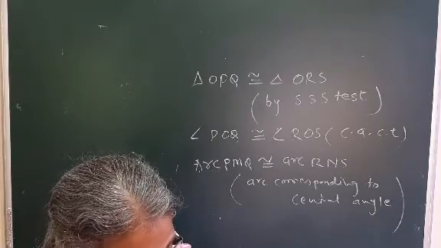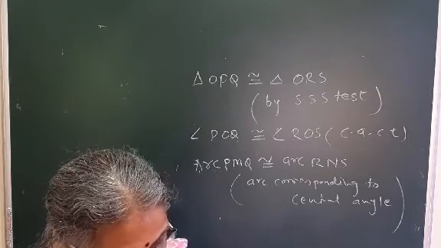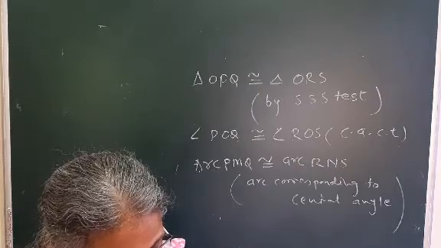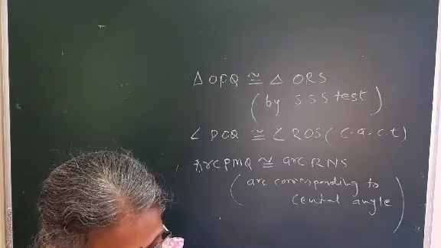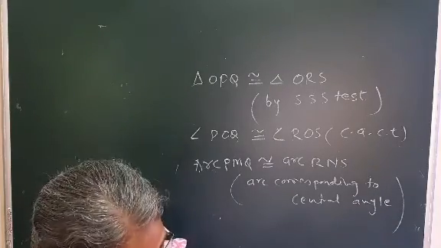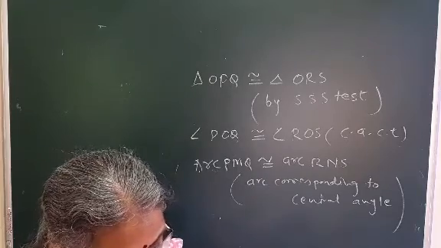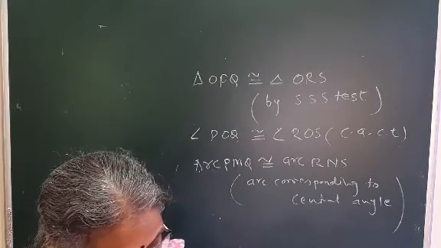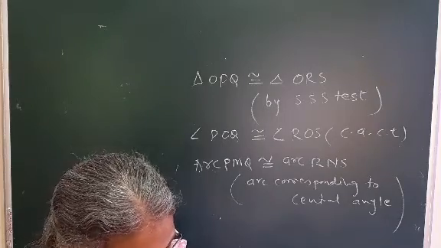How are you going to prove it? Because PQRS is a rectangle, side PQ equal to side SR, opposite sides of a rectangle, and therefore arc PQ equal to arc SR, arcs corresponding to congruent chords. Followed? Now PS equal to QR, opposite sides of the rectangle again. So again arc SP equal to arc QR, arcs corresponding to congruent chords.